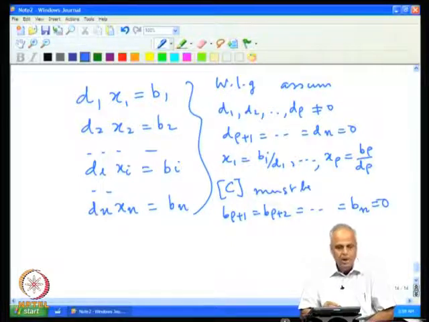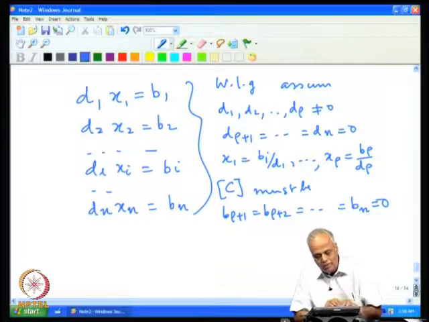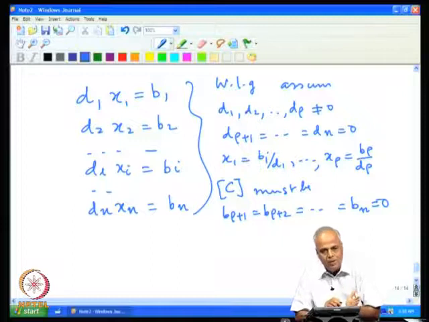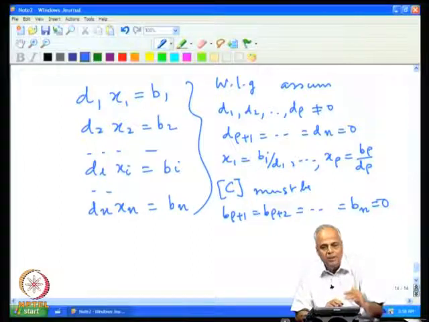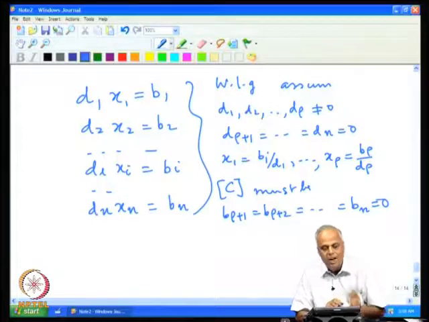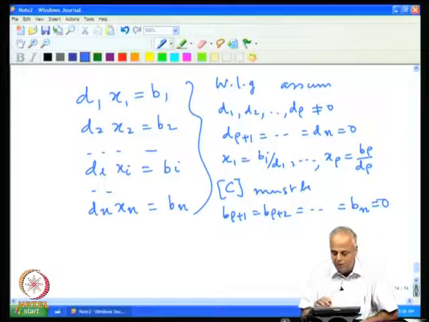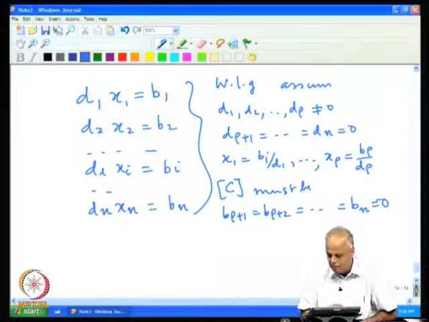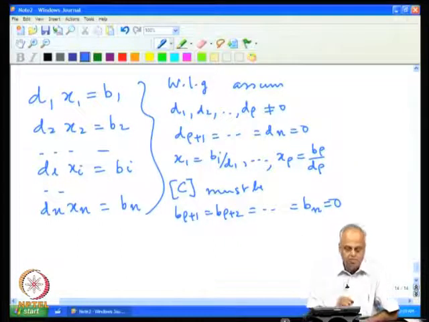So therefore a system like this will have a solution if and only if, whenever there is a 0 on the left hand side, the corresponding b's are also 0. So we are assuming that the left hand sides are all 0 from the rho plus 1th equation onwards, and therefore the b's must all be 0 from the rho plus 1th entry onwards. So therefore the consistency condition for such a system becomes b rho plus 1, b rho plus 2, ..., bn are all 0.